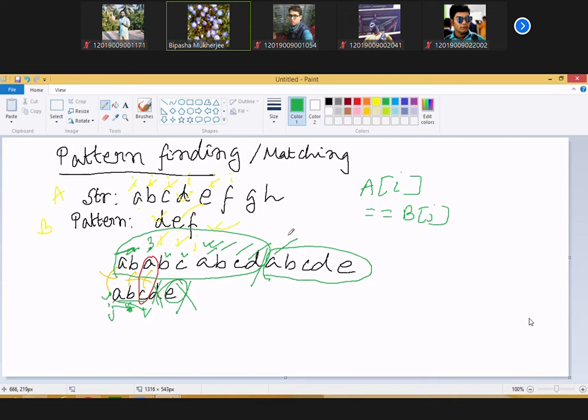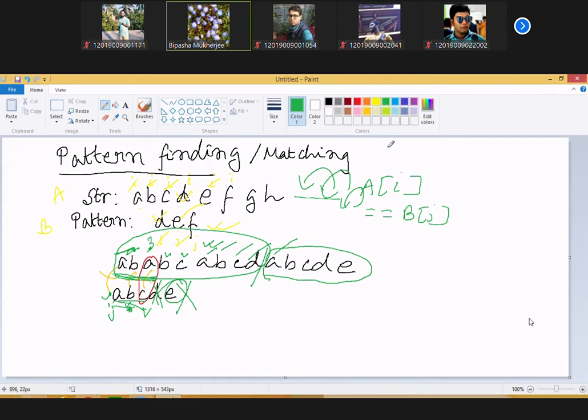If not, we start again. Every time we are going back, going back, going back to find the match. That is a simple approach, but you can understand that this way we are taking the same area again and again.